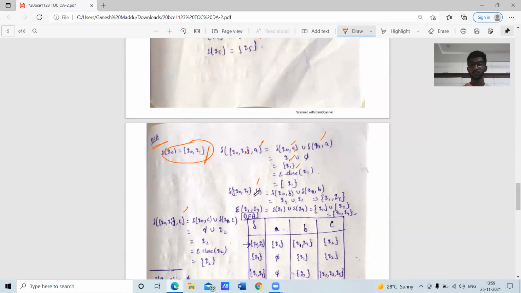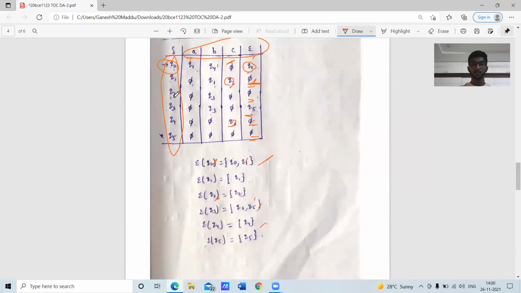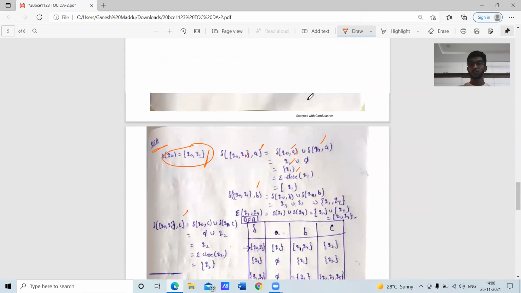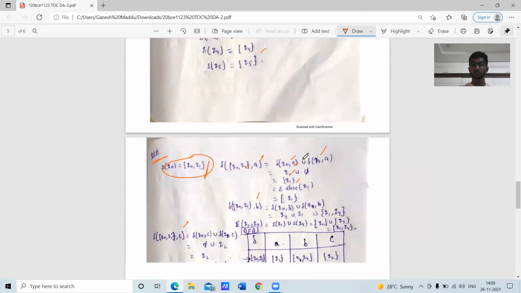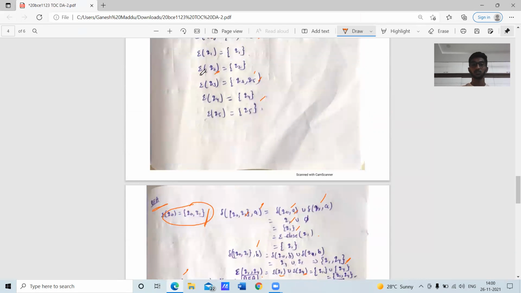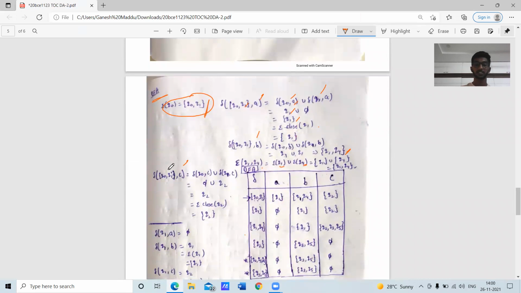For B, we check Q0 comma B, which gives Q4, so include Q4. Next Q1 comma B gives Q1, so include Q1. So we have Q1 and Q4. Find the epsilon closure of those two: Q1 epsilon closure is Q1 and Q4 is Q4. So Q1, Q4.